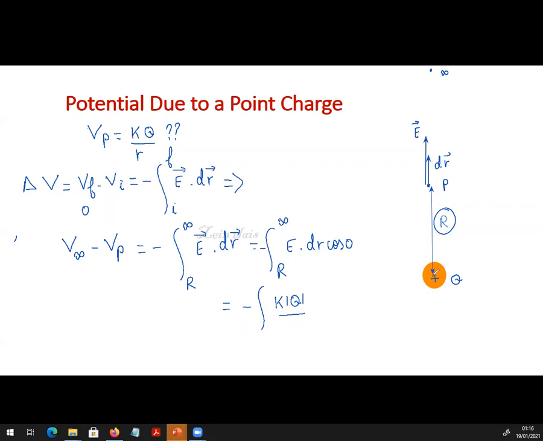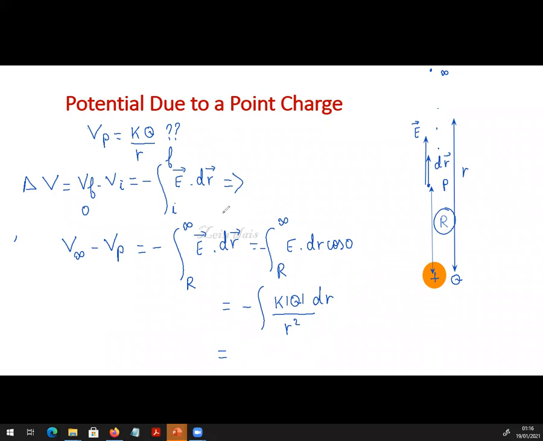In this case, I take any value, because it must be between P and infinity. At any point, we can say the arbitrary point is R. So E at any point between P and infinity equals KQ divided by R squared times dr.